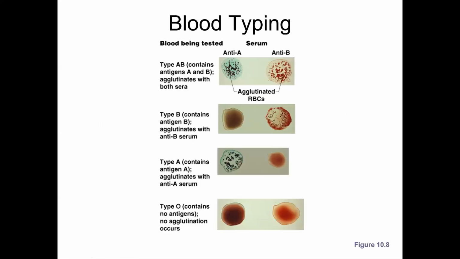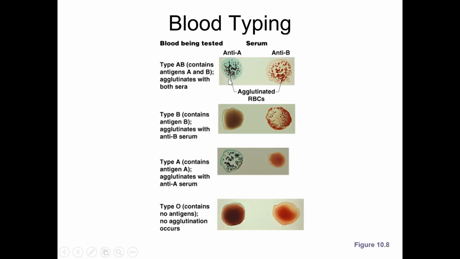Okay, the last part, blood typing. If you do an experiment, how can you decide what blood type you have? What type of blood do you have? This is very simple, but you have to understand this. On the two wells, there are two wells.